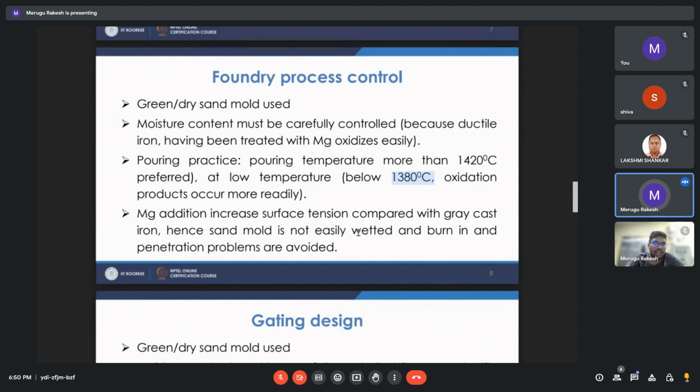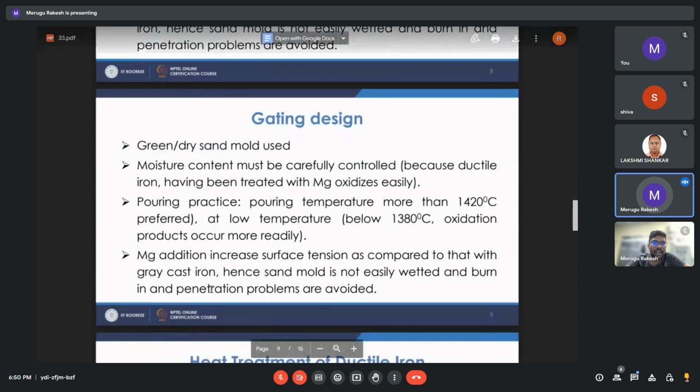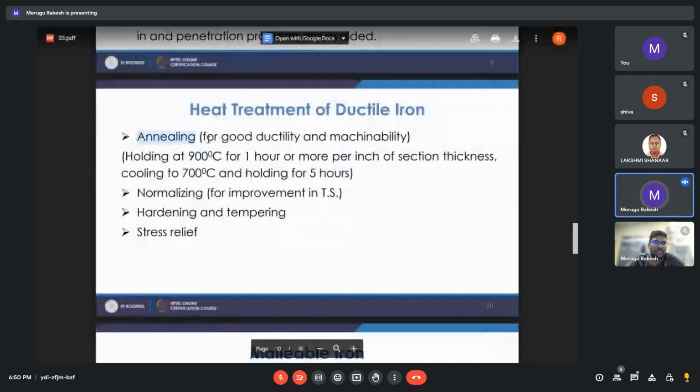So this fusion will not be there because of the magnesium addition. The rest of the practices will be more or less similar. And then heat treatment: similar heat treatments include annealing, normalizing, hardening and tempering, and stress relief.